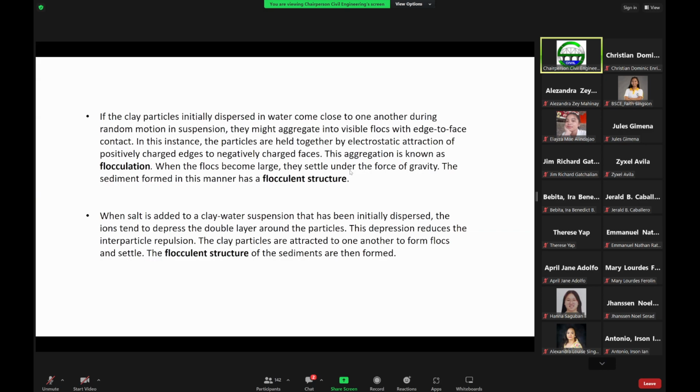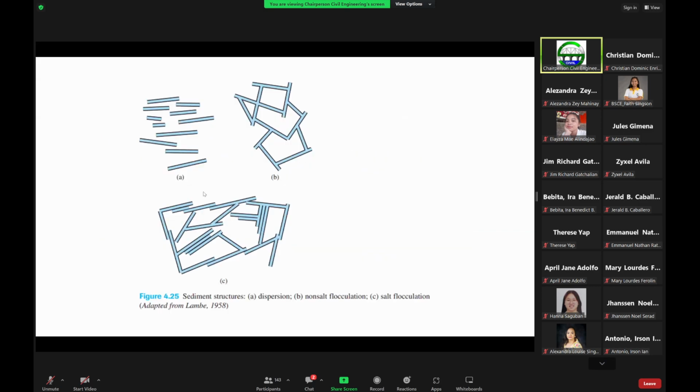This depression reduces the interparticle repulsion. The clay particles are attracted to one another to form flocks, and then they would settle. So again, a flocculent structure of the sediments is formed, which is something like this. So this is the sediment structure in the case of a salt flocculated structure.